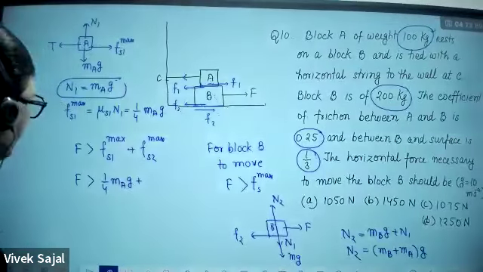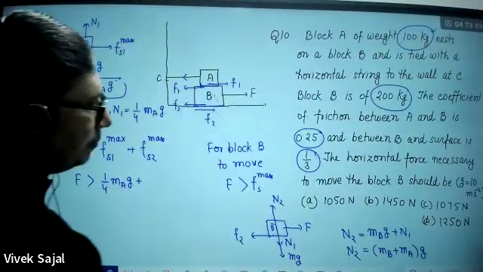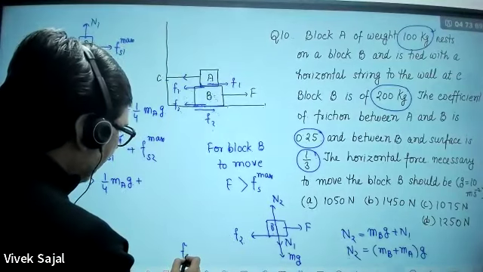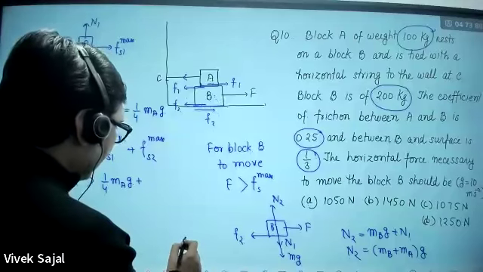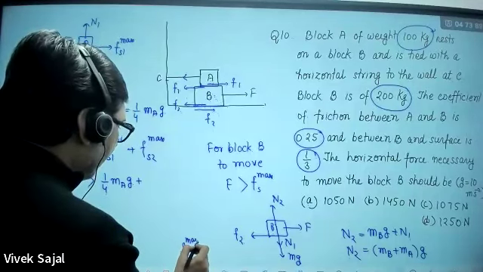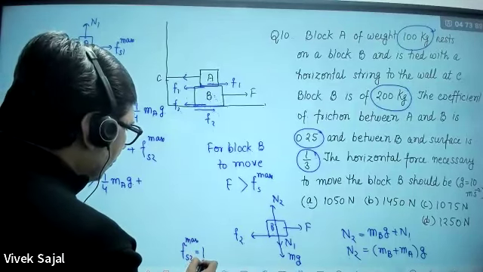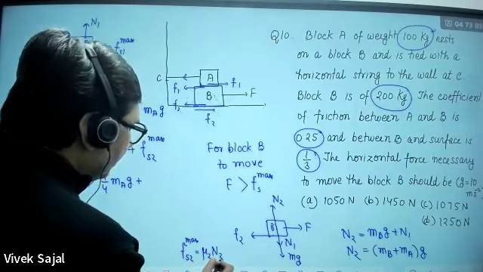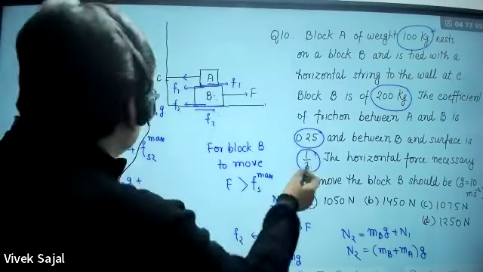So what will be F2 max? Now can you write this F2 max? This F2 max, Fs2 max static, will be mu2 into N2. What is mu2? Mu2 is 1 by 3.